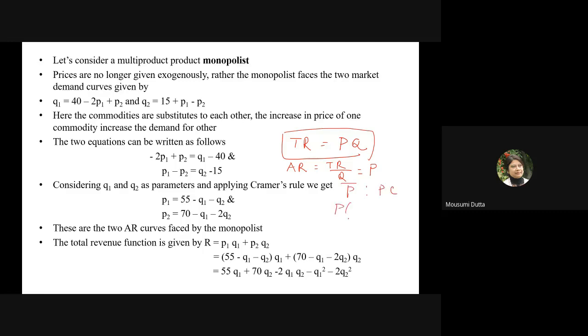This P is a function of Q under monopoly. So AR is always the price function.